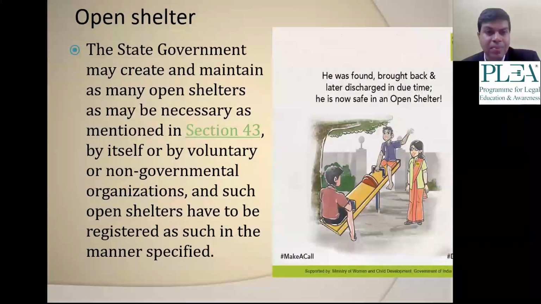It is open shelter. So the state government may create and maintain as many open shelters as may be necessary, as mentioned in section 43, by itself or by voluntary or non-governmental organizations, and such open shelters have to be registered in the manner specified. That is foster care.